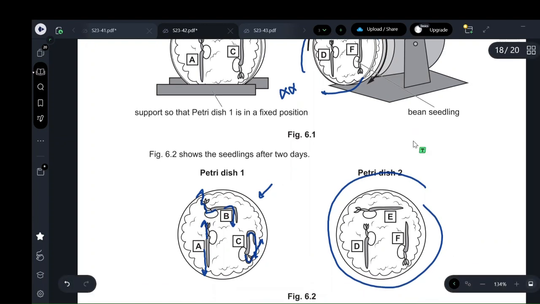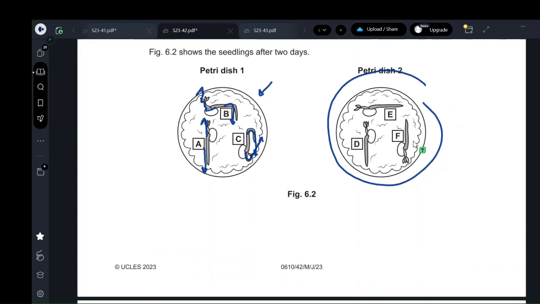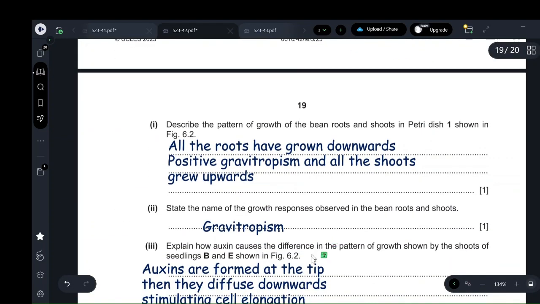What controls the growth in the directions is the auxins. So I will start by telling him that auxins are formed at the tip of the shoot and then they diffuse downwards. Where do they accumulate? They accumulate on the lower side, which is closer to gravity, not on the shaded side. I will not say shaded here because there's no light.